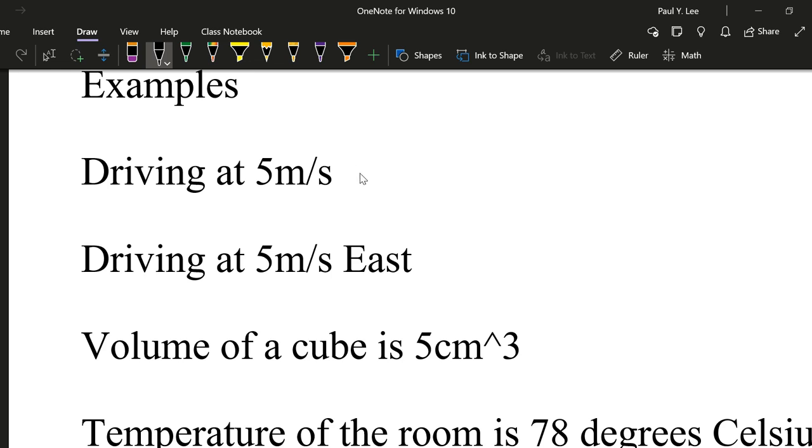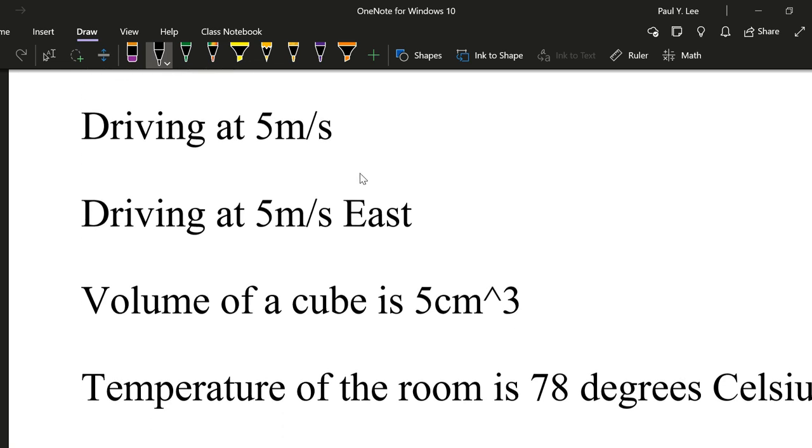Let's begin. If you're driving at 5 meters per second, this is a scalar. Let's break this apart. The term 5 here is the magnitude, and the meters per second that you see right here are what we call the units.